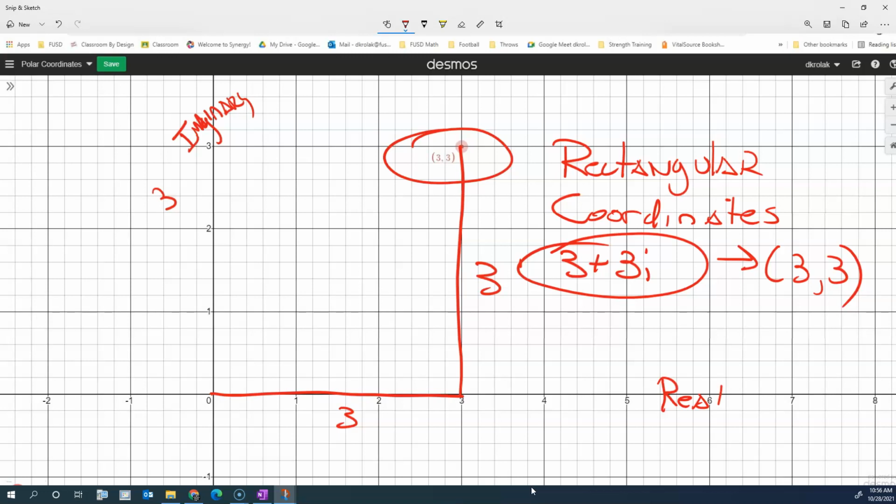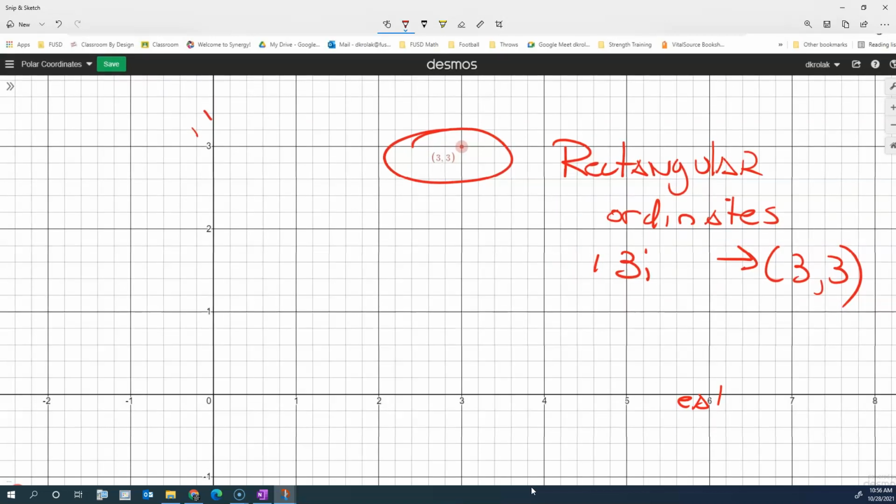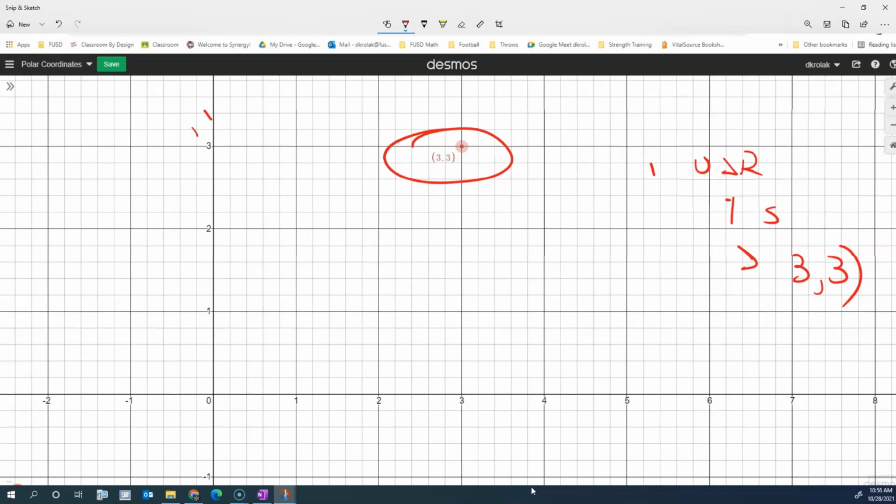Instead of using numbers like 3, 3 to describe that location, we can describe it another way. That other way involves trigonometry and is called polar coordinates instead of rectangular coordinates. Right now, these are rectangular coordinates.